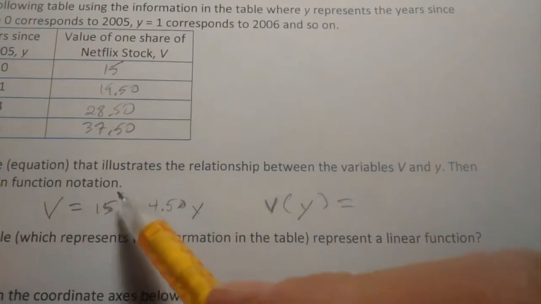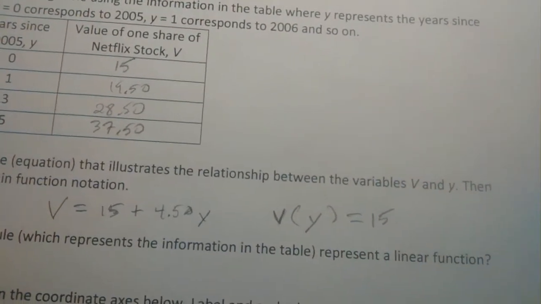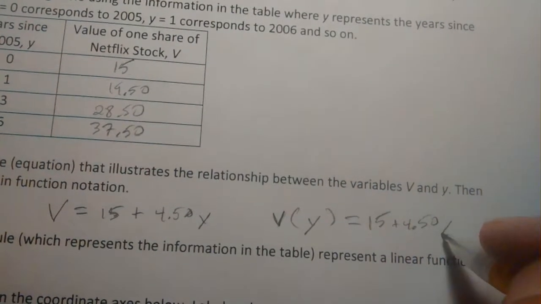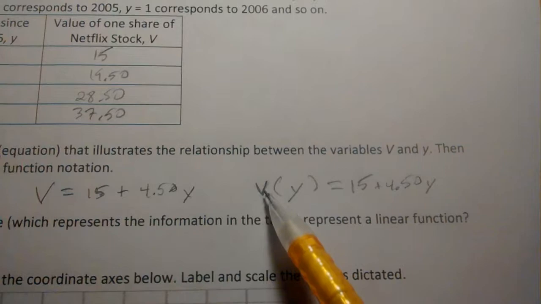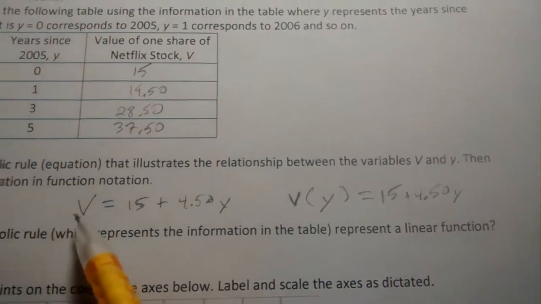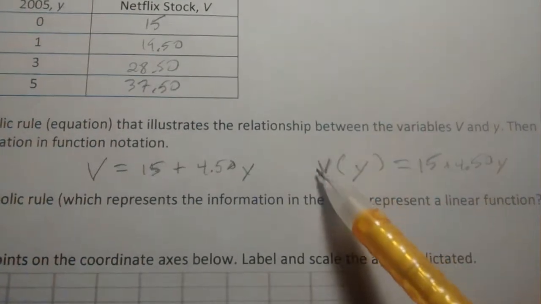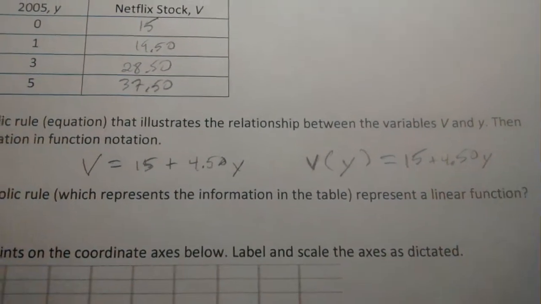Well, how do we calculate output values is just this expression here. So the right side doesn't change. So there it is. In function notation, using the function name v, often we use the function name as what the original output variable is, but this is now the output variable, pronounced v of y. This is still the input variable.